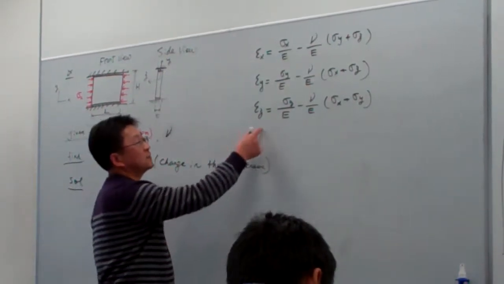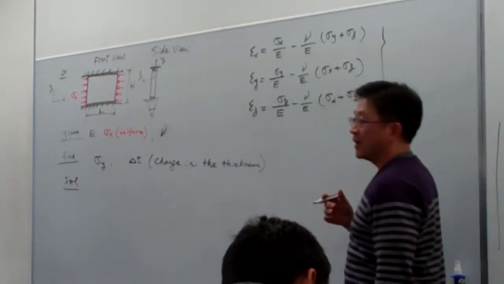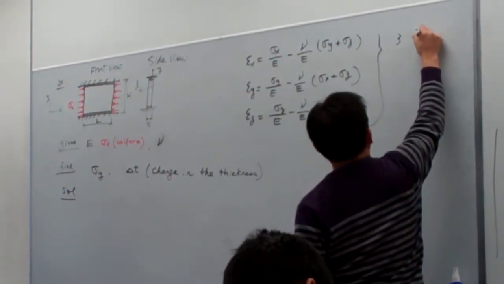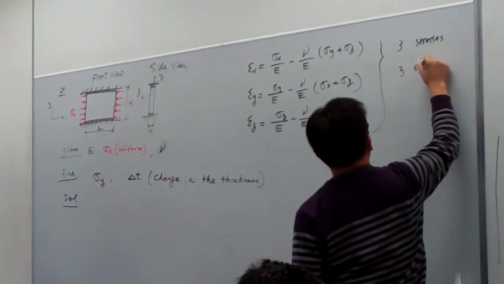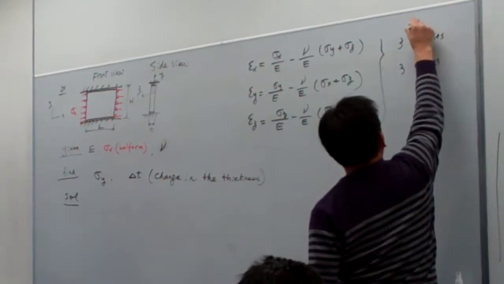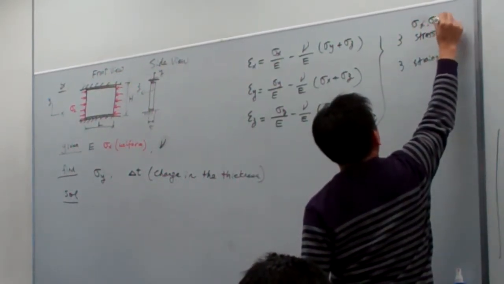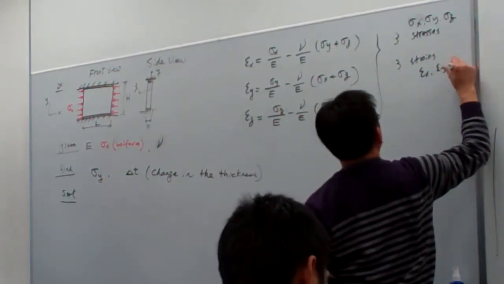From here, you can see among these equations, how many parameters can we calculate? We have 3 stresses, sigma x, sigma y, sigma z. We have 3 strains, epsilon x, epsilon y, epsilon z.